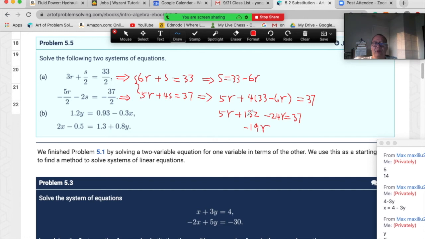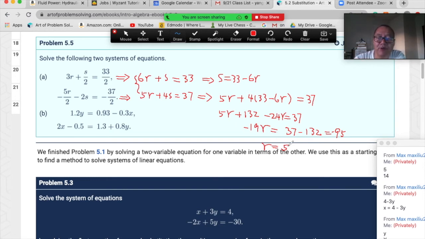Then you have plus 132, so both sides minus 132. 37 minus 132 equals negative 95. So negative 19r equals negative 95. Both sides divided by negative 19, we get r equals 5. Right? 5 times 19 equals 95.